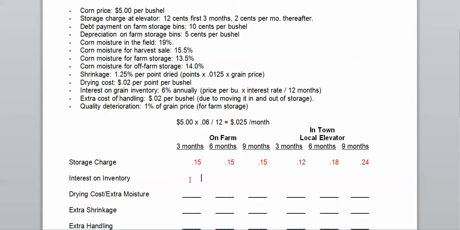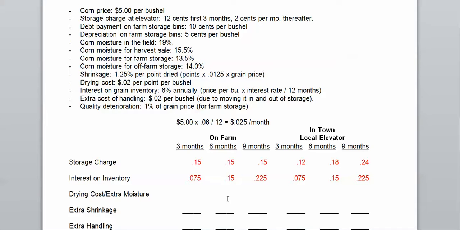So interest on inventory, if it's 2.5 cents a month, that'd be 7.5 cents for each 3-month period. 7.5, 15, 22.5. And like I said, that's whether we have the grain in town or on our own farm. We need to charge ourselves that interest.